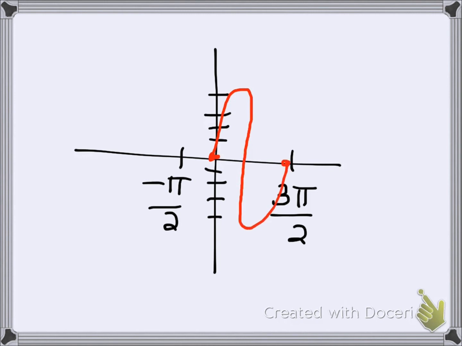Now, since we have a point on the other side and we want to get all the asymptotes, we have to continue this pattern on the other side. So down, up, down. Okay, so since you have that, you have to do your asymptotes now, which is always on the sides of these points.